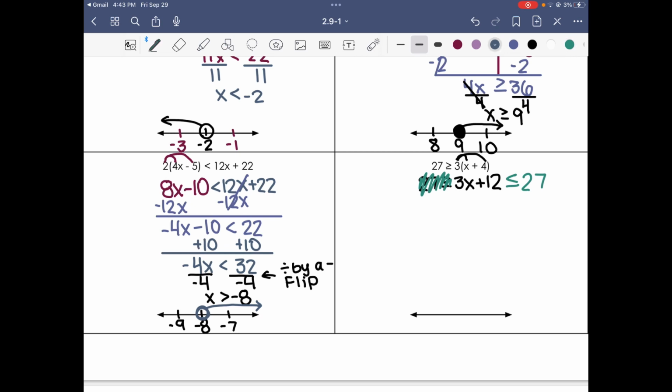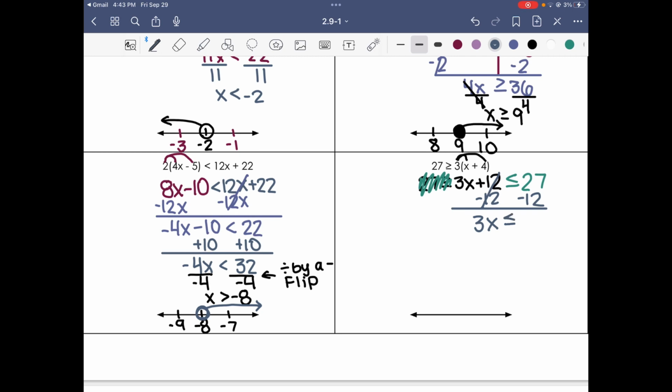And I have a two-step inequality left. So I see I'm adding 12 on the left side already, which means I need to subtract 12 to cancel that out, leaving me with 3x. That's not multiplying or dividing by a negative, so I keep the same symbol.